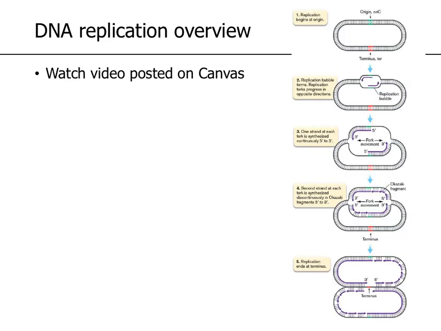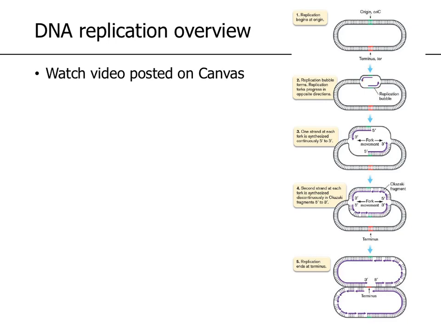I think I posted this. If not, I will double check this after class. There is a video that goes through the whole process. I highly encourage you to watch the video for this replication. And then again, this is just an overview, like a high-level view of what the whole process looks like. So starting with the chromosome, you'll start your initiation, and you'll start having the bidirectional synthesis.